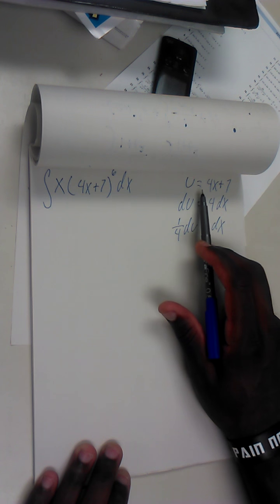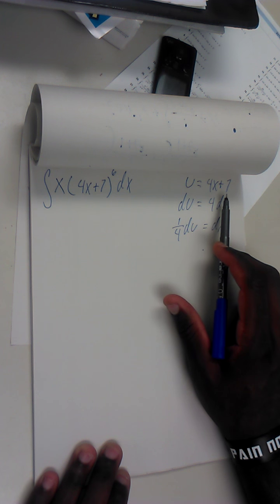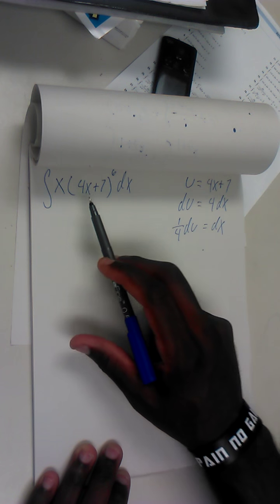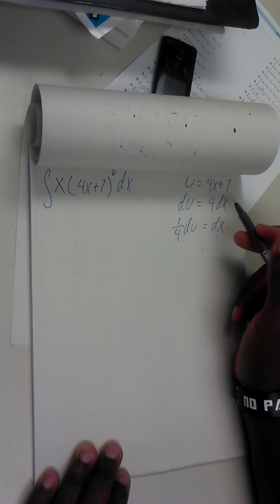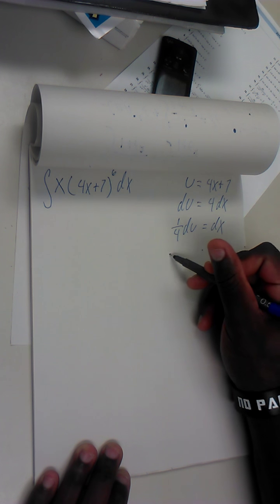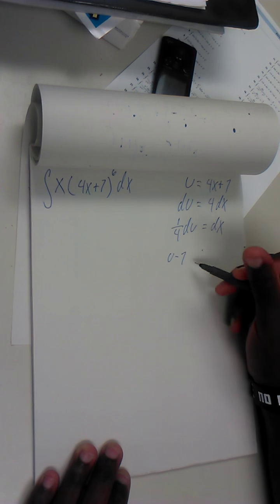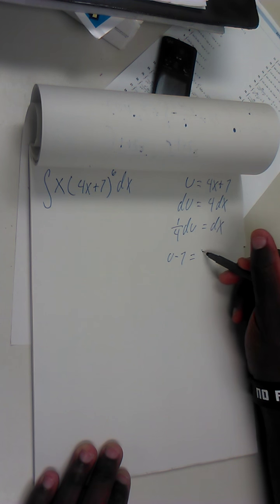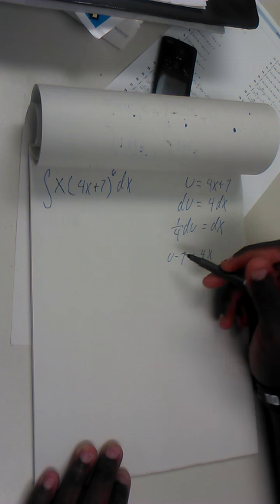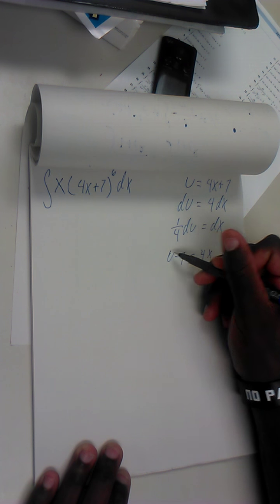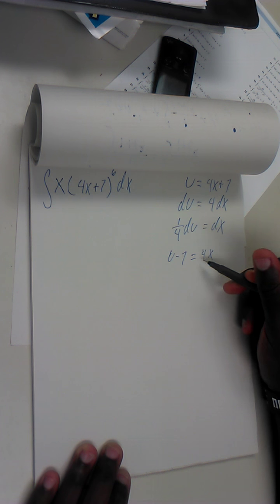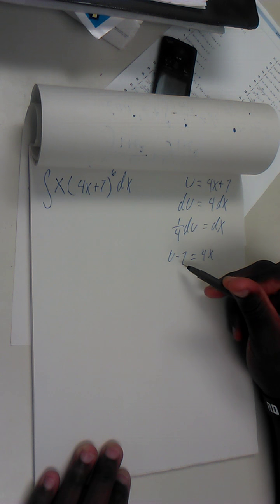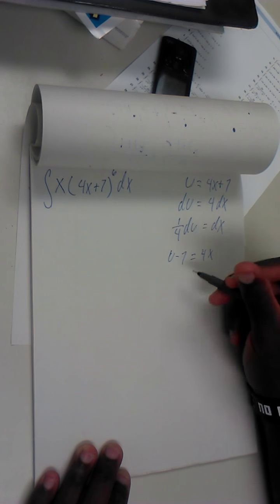So we're going to have to manipulate this u equals 4x plus 7 to account for this x. So we go ahead and bring this 7 over here. So you're looking at u minus 7 is equal to 4x. And now we got to bring the 4 over here to go ahead and isolate the x.